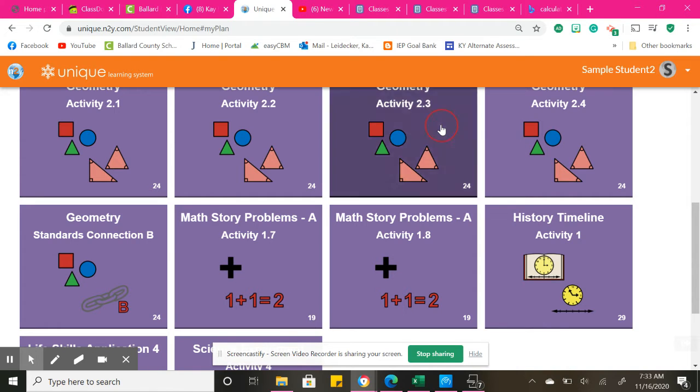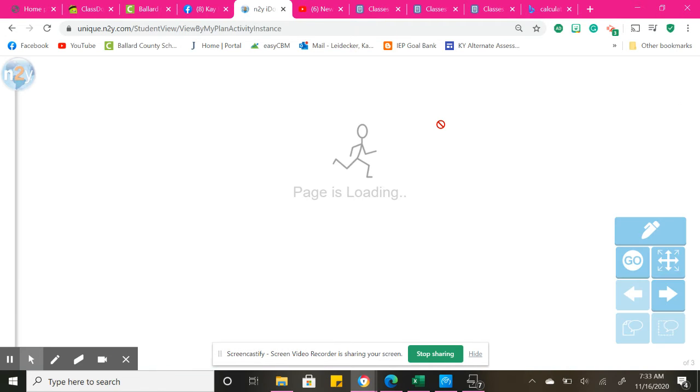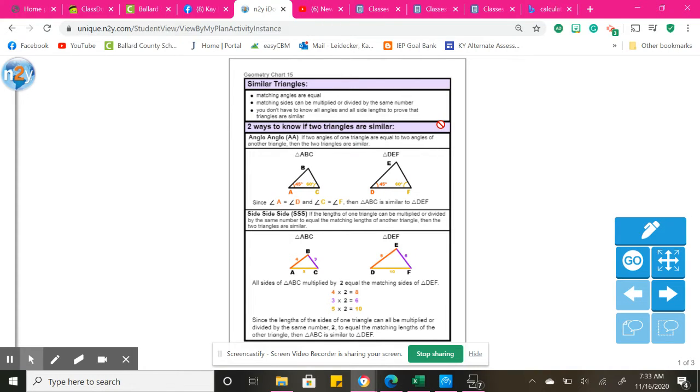And then our next geometry box is similar triangles, knowing how to compare angles within a triangle to know if they are similar or not similar. So read through these notes here for angle, which are two angles of the one triangle are equal to two angles of the other triangle.